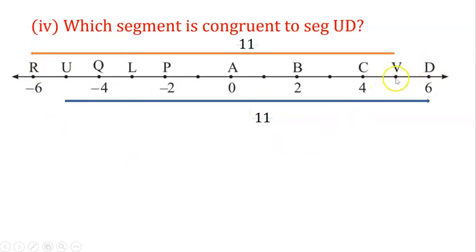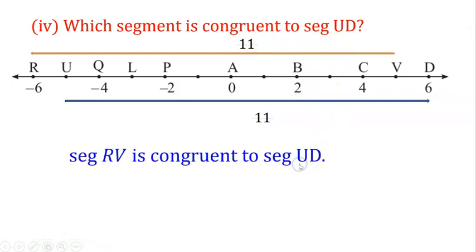The coordinate of V is 5, so 5 minus in bracket minus 6 will become plus, and 5 plus 6 is 11. And hence, the segment congruent to UD is segment RV, and hence the answer is segment RV is congruent to segment UD. And in this way we have completed this test.